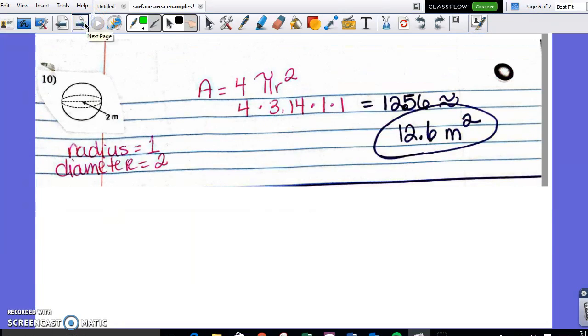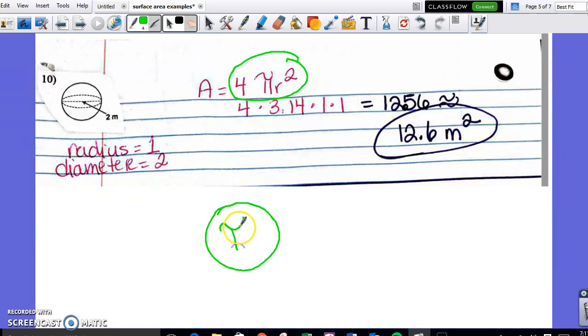Okay, the area of a sphere is 4 pi r squared. Now, a single flat circle is pi r squared.